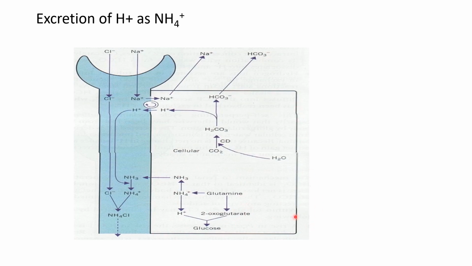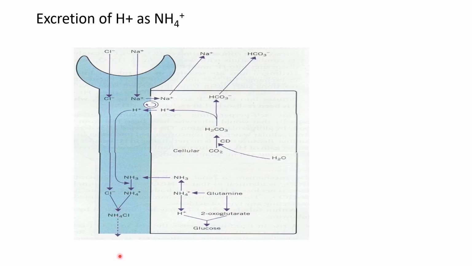The renal tubular cell is able to generate ammonia through this mechanism. One unit of ammonia is generated within the renal tubular cell, which makes itself available to combine with the excess hydrogen ion formed, and then combine with chloride from glomerular filtration to form ammonium chloride, which is lost through the urine.